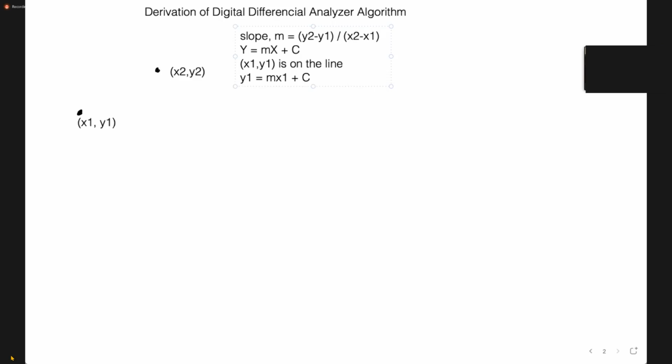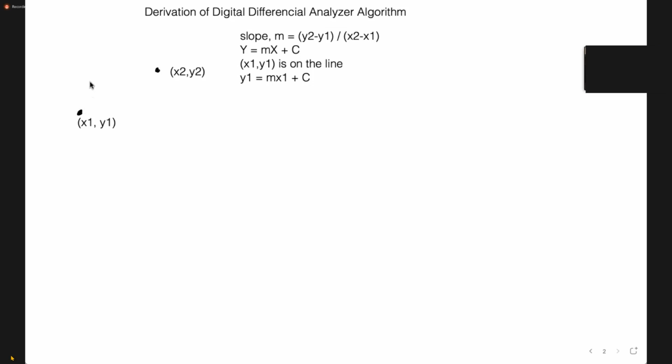Now, I know that x2, y2 is also on this line, and I can apply x2, y2 also. But that is not my target. My target is to find the locations or the pixels which are in between these two points.